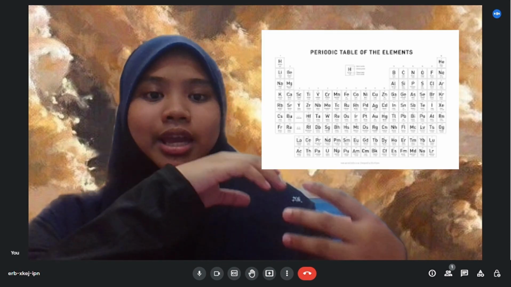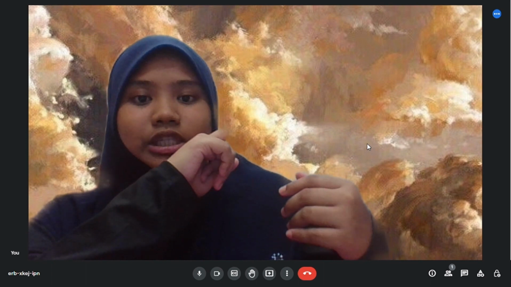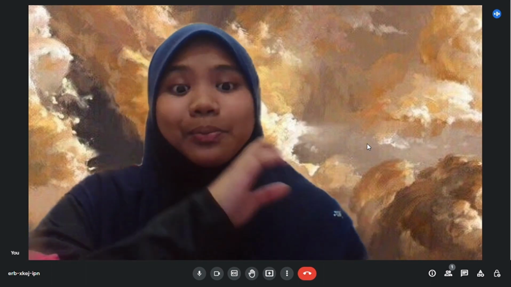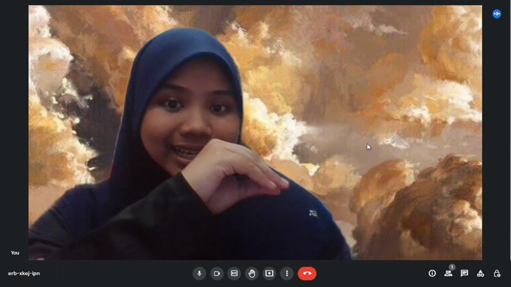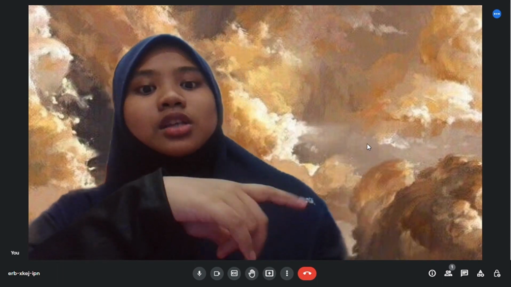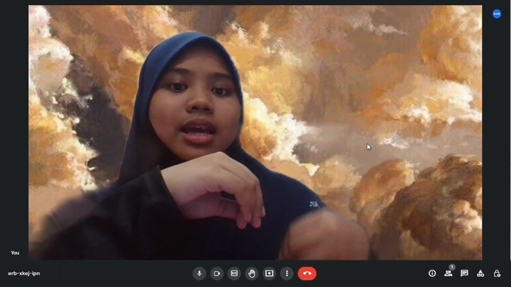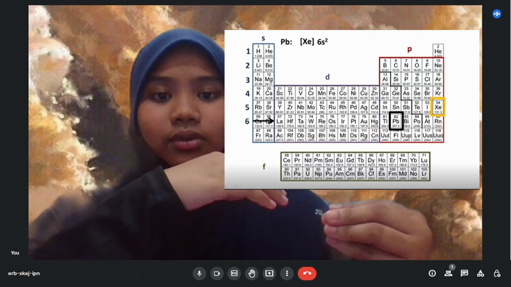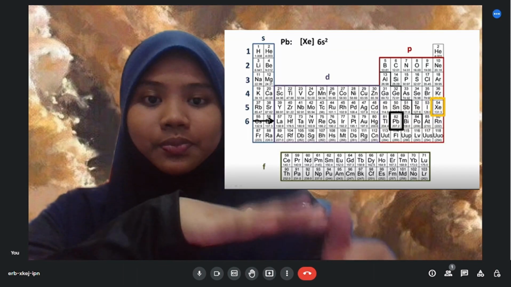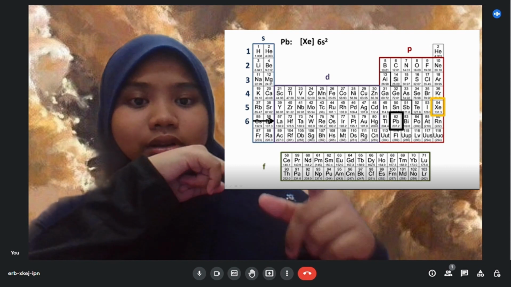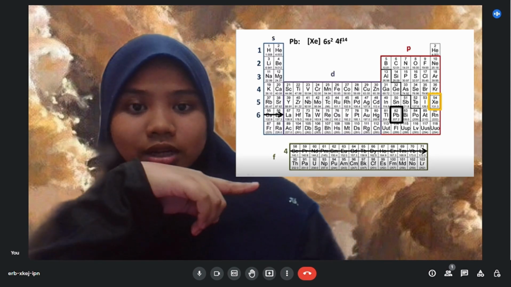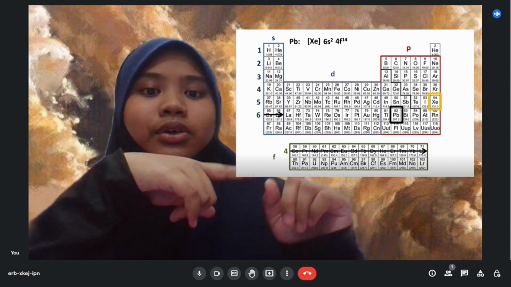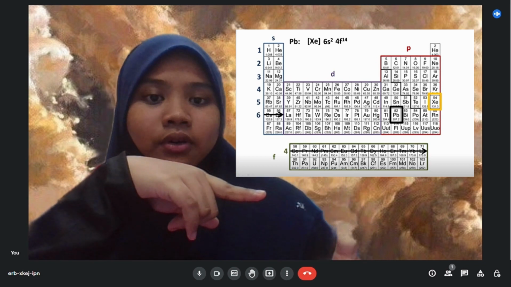For the shorthand method of electron configuration, we start with the noble gas that precedes the element in question. So the noble gas that precedes lead is xenon. To figure out the s structure, we count down 6 rows. So to get to barium, we are filling 6s2. We know that the f structure begins with 4, so it's 4f14.